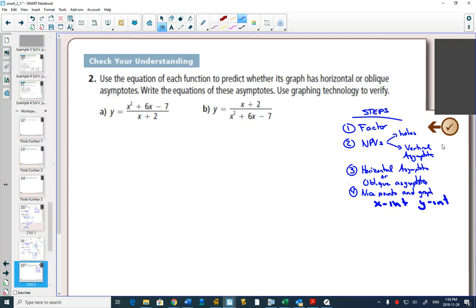In this case, the top factors to x plus 7, x minus 1, all divided by x plus 2.